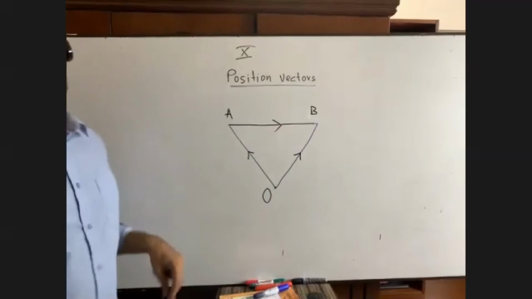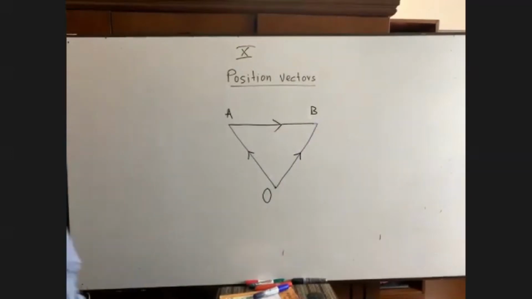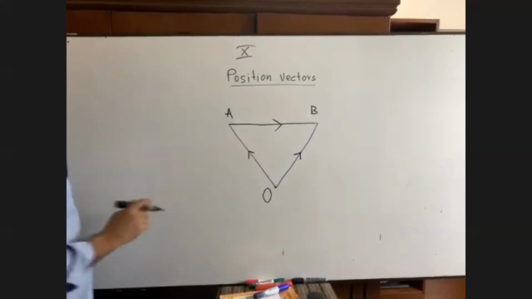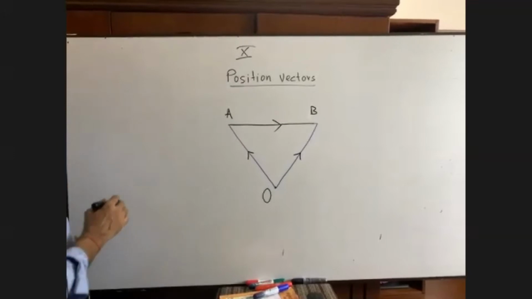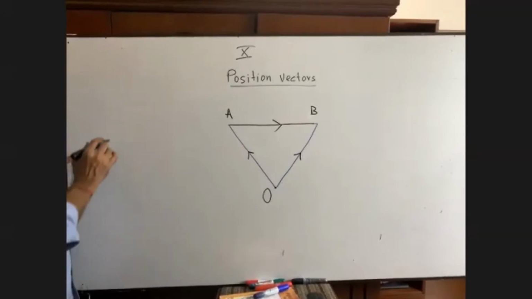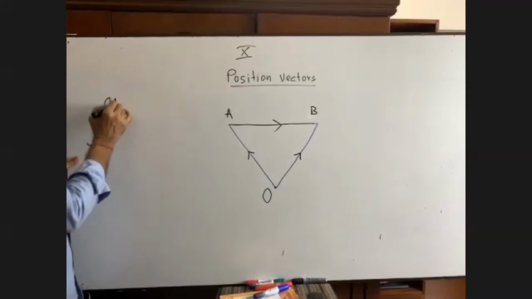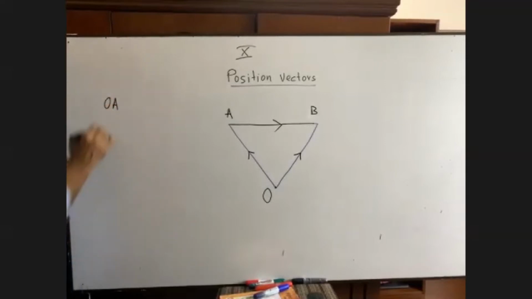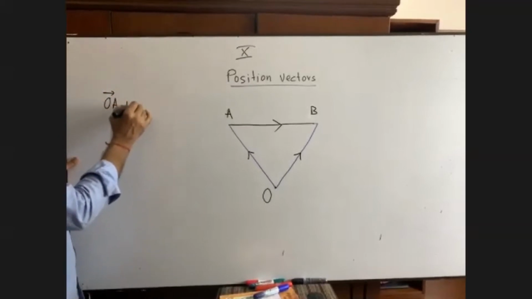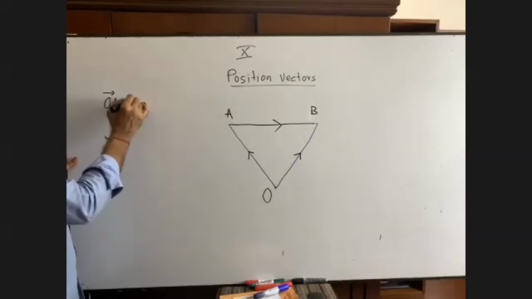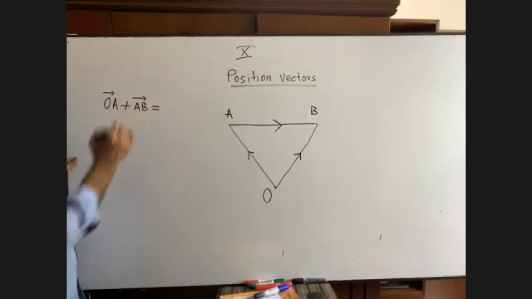Now, that day you did too many maths on the triangle law of addition of vectors. So in triangle OAB, if we try to use that formula, OA plus AB is equal to OB.